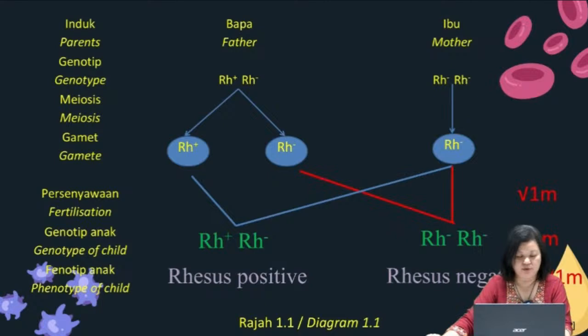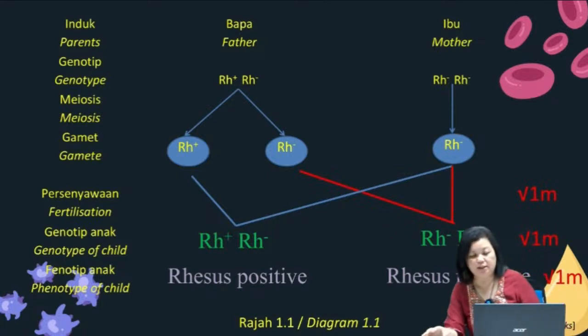The mother will produce gametes, rhesus negative. During fertilization, gametes that carry rhesus positive will be fertilized with gametes that carry rhesus negative to produce offspring with genotype rhesus positive and rhesus negative, and the phenotype of the child is rhesus positive.